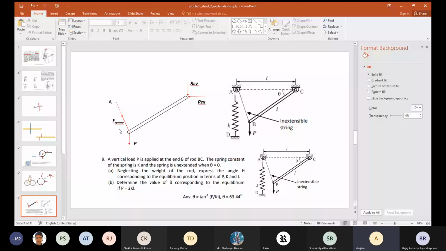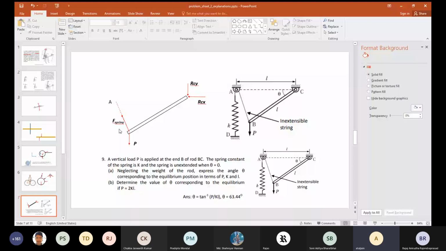Sir, can we take a small particle at the point where the load is applied and then draw the FBD of that particle and apply tension in the rod, F spring and P, and then write the equilibrium equation? You are saying that member BC is a two-force member.